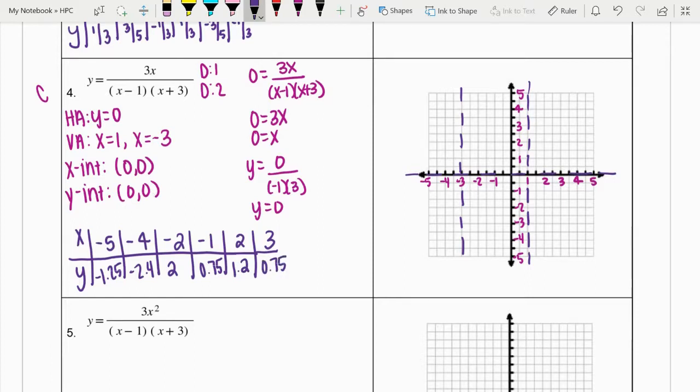Okay, so hopefully your numbers came out the same as mine. Then we can go ahead and plot our points. Okay, at negative 2, I'm at positive 2. At negative 1, I'm at 3/4.